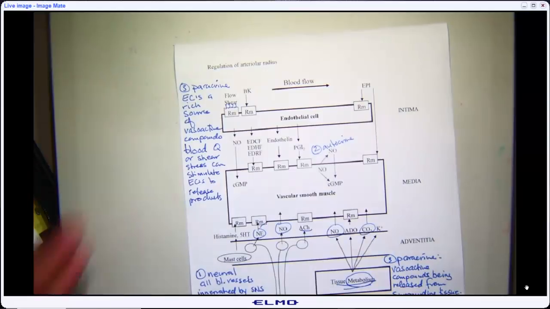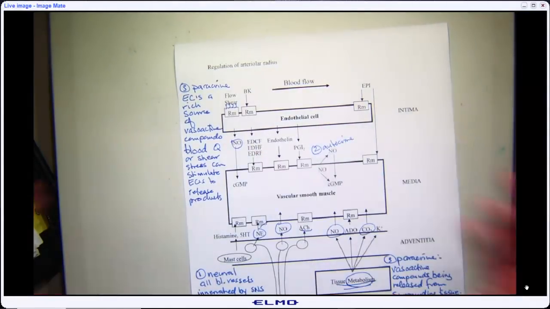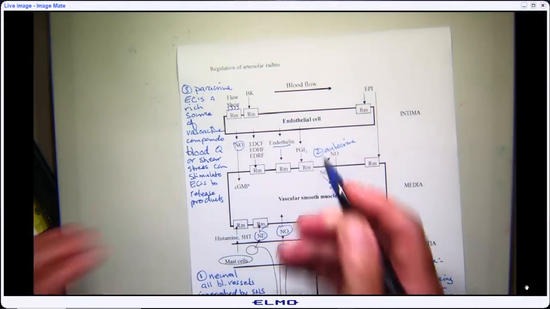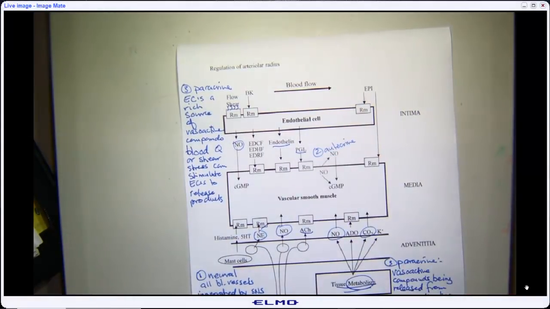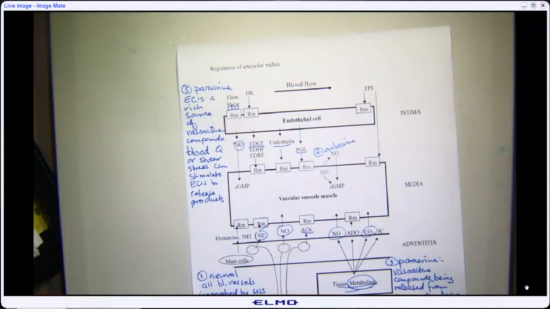Some of these products I've identified, like nitric oxide, endothelin, so we've met those two before, okay, when we talked about the heart. Prostaglandins, another very common endothelial cell product. But then there are also an entire host of unidentified products. Okay, so that's where you get into something called EDCF, endothelial-derived contracting factor.